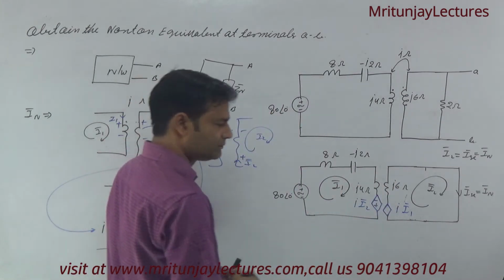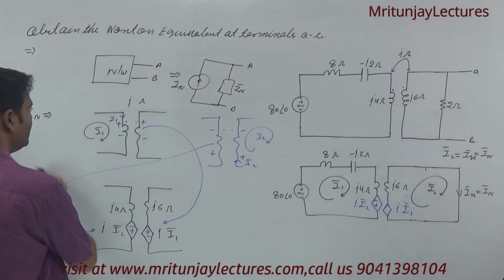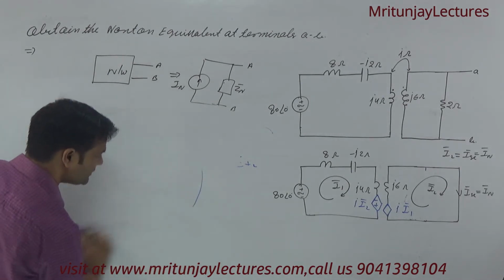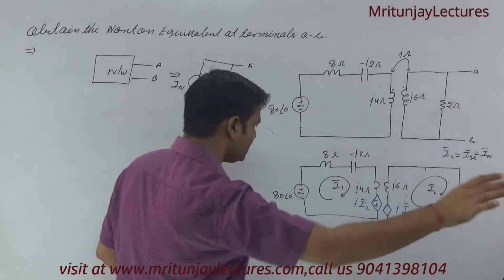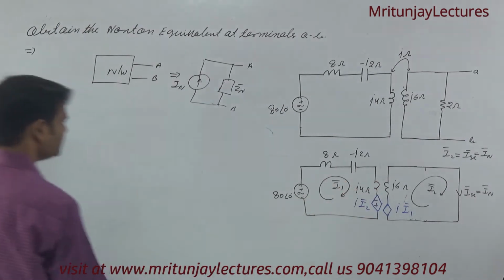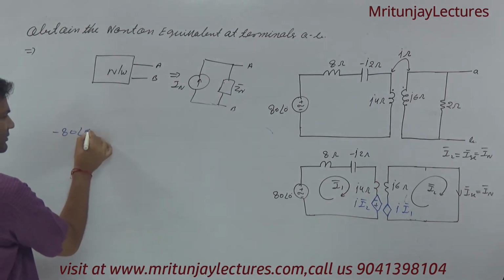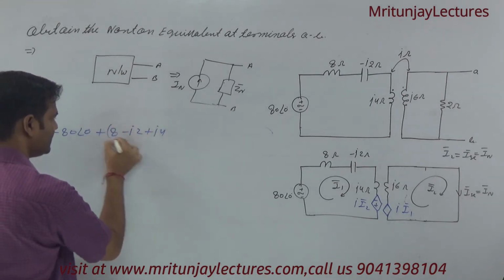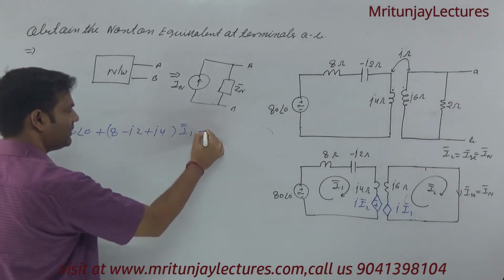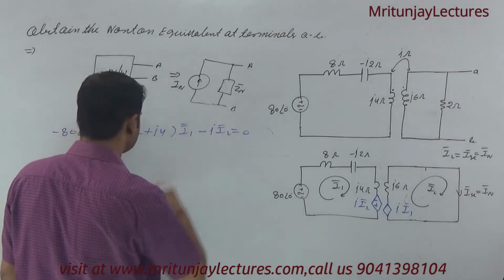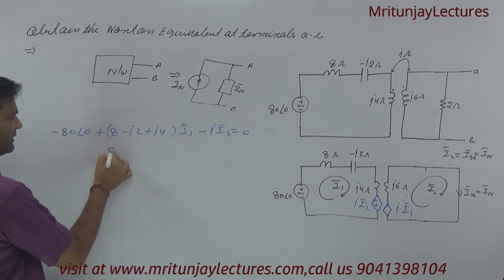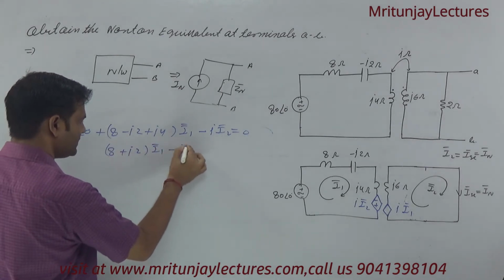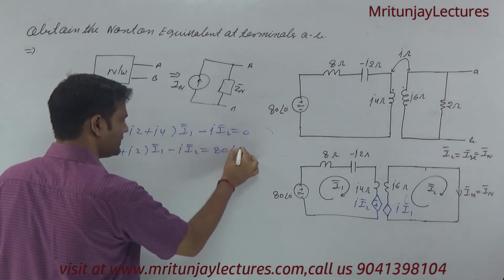Now apply KVL in loop 1 and after that in loop 2. First of all apply KVL in this loop: minus 80 at the angle 0 plus 8 minus J2 plus J4 into I1 minus J I2 is equal to 0. This is written as (8 plus J2) I1 minus J I2 is equal to 80 at the angle 0, equation number 1.